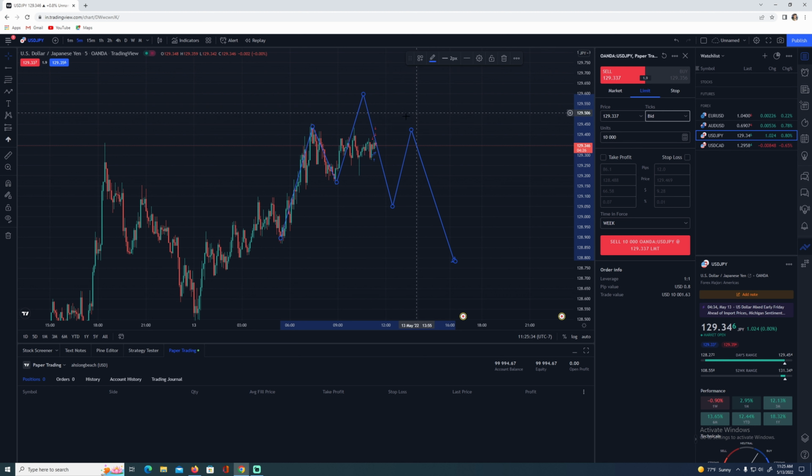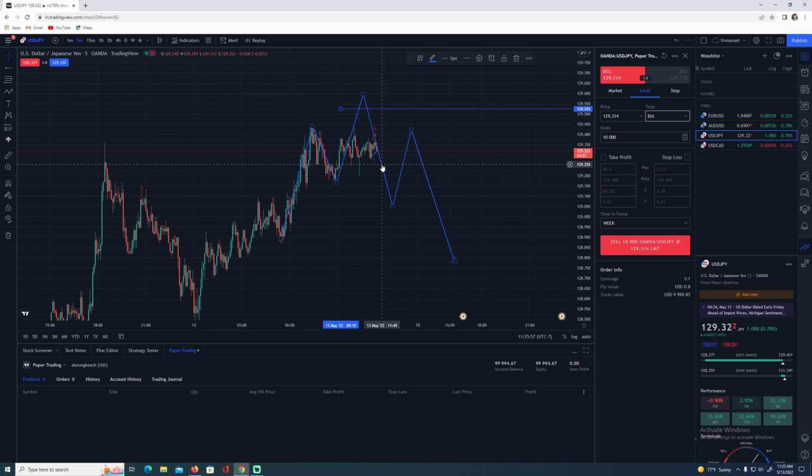For some reason, that is our analysis. We know that price is going to come up here, so we would like to place a sell limit order up here. Why? Because we think price is going to go up here, and from there, it's going to turn around and collapse.